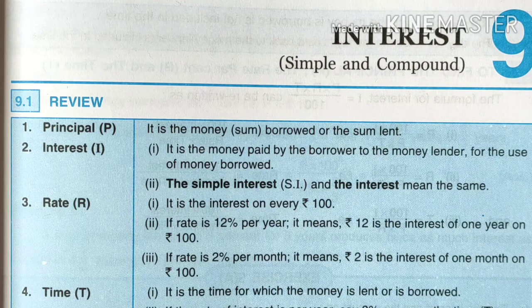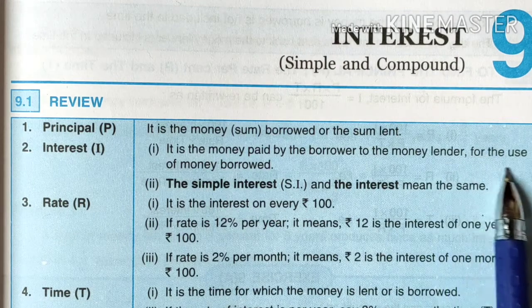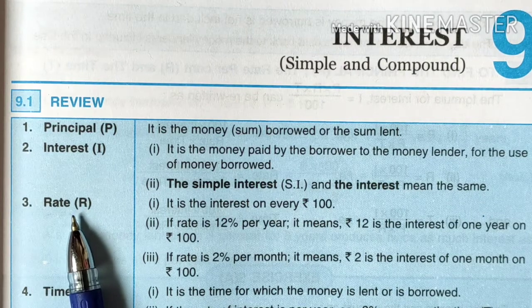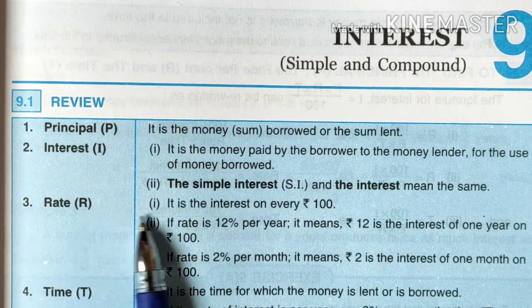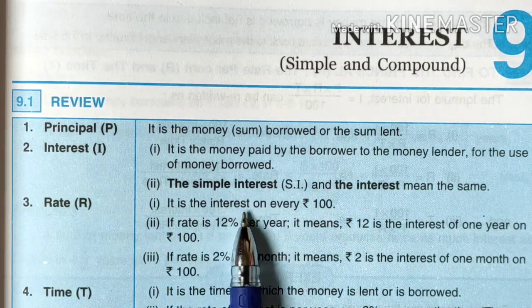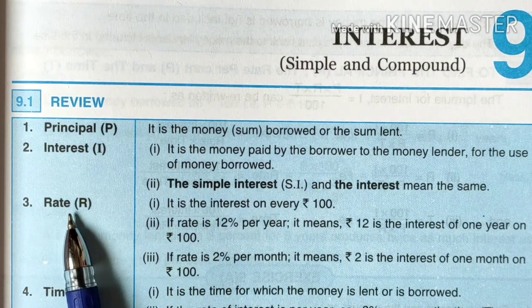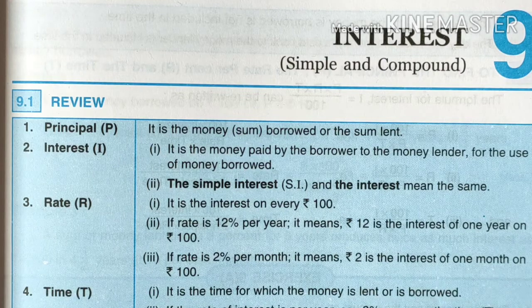That extra amount is called interest. Now, the rate of interest is the interest on every 100 rupees, and this rate is given as a percentage.